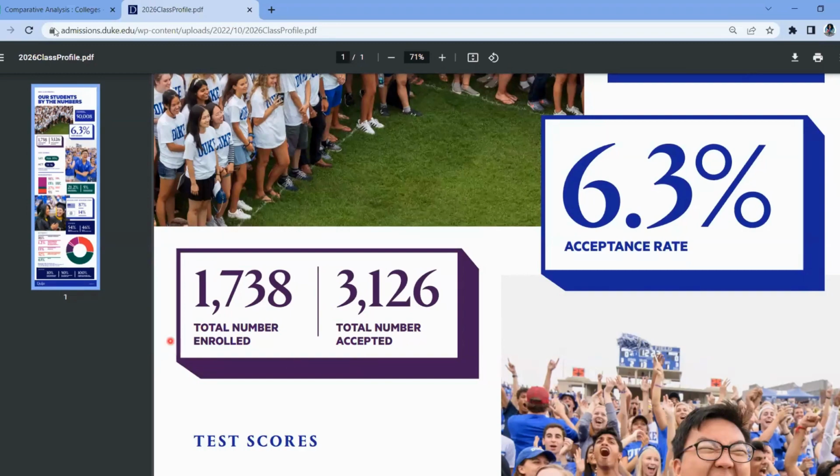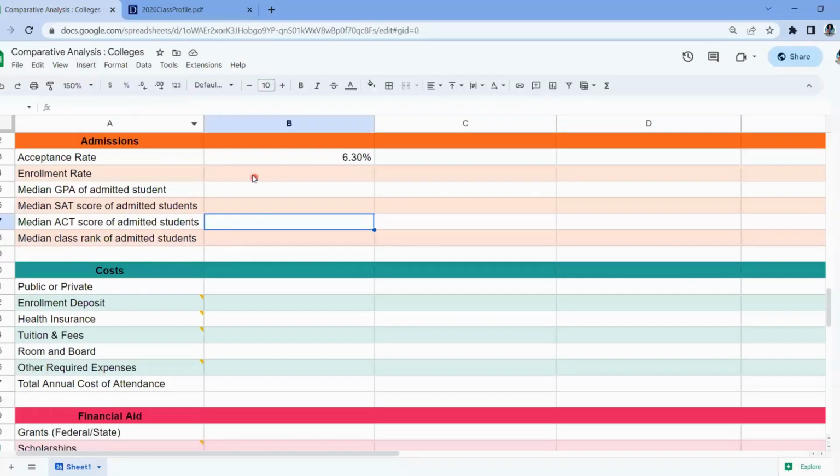So I'm going to do 1738 divided by, I think it was 3126. I'm going to multiply all of this by 100 to turn it into a percentage. So that's about 55.5. So I'll round that up to 56%.